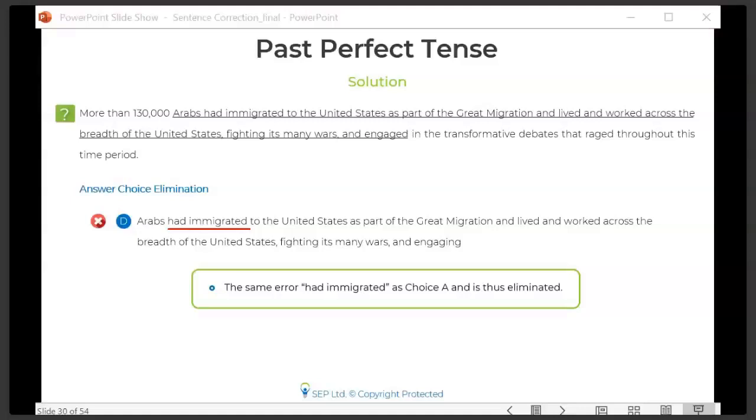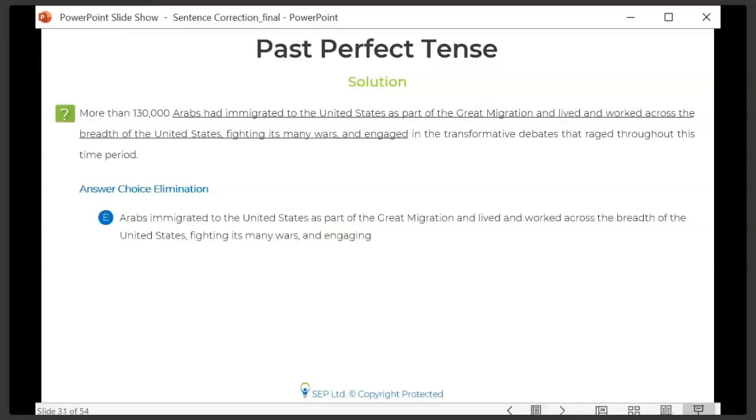Those of you who chose choice D, are you clear why choice D is not the correct answer? "Had immigrated" cannot have taken place before "lived and worked." Great.